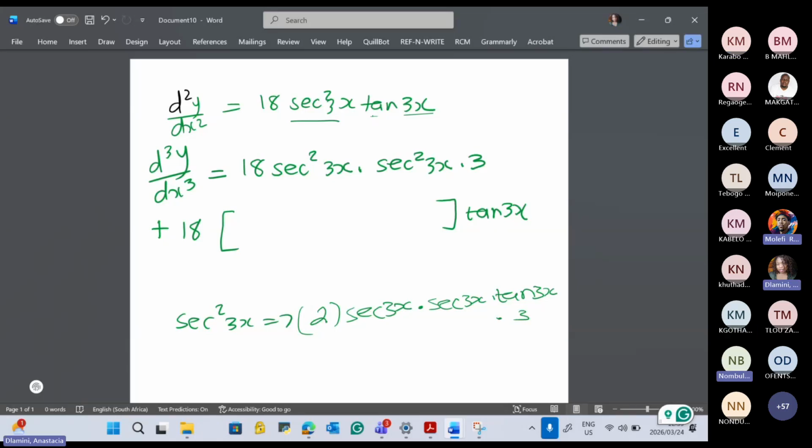So which is equal to 6 sec squared 3x tan 3x.